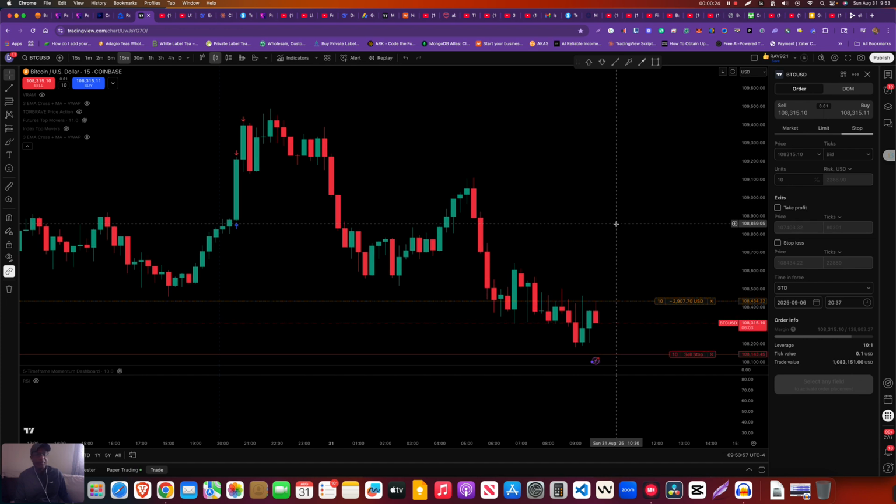Now, these are candlesticks, the green and the red bars. And at the side here, these are the price of the particular asset. It could be crypto, it could be stocks, it could be anything.